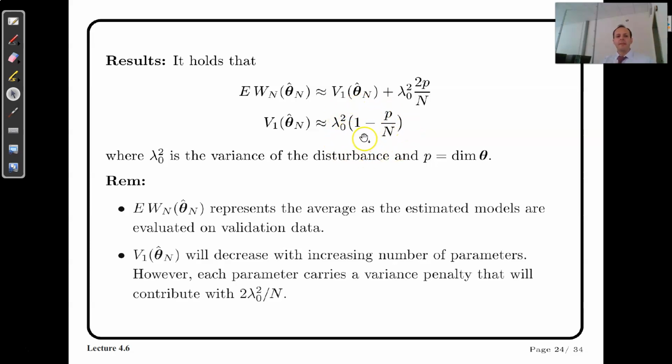It can be estimated. So you have a performance index.